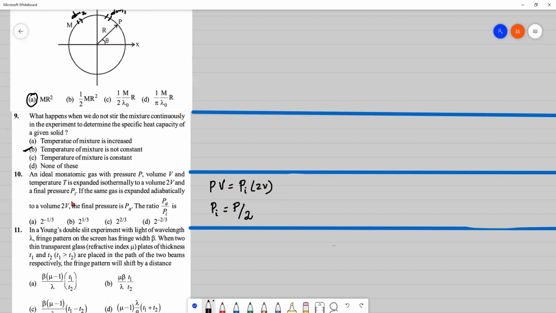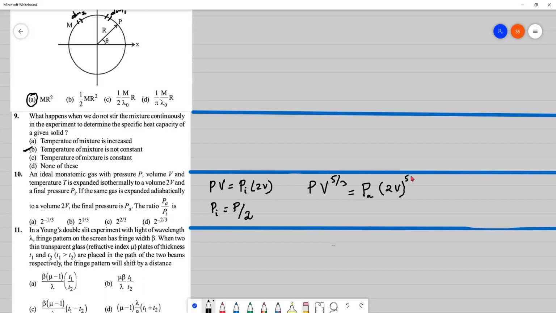So next one, it is adiabatically. The same gas is expanded adiabatically to a volume 2V. The adiabatic expression is PV power gamma is a constant. So P V power gamma, where gamma is 5 by 3 for a monatomic gas, is equal to PA into 2V power gamma, where the new pressure is PA.